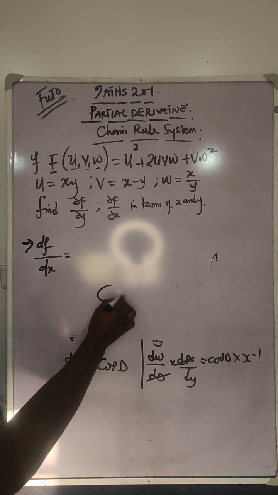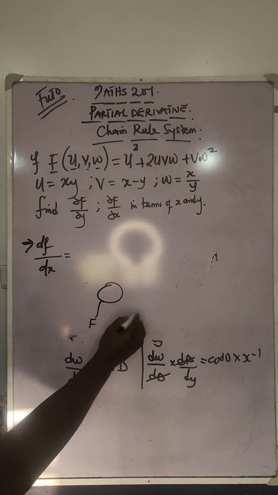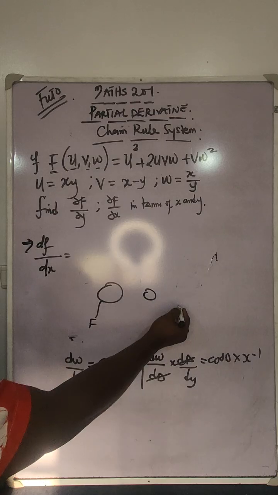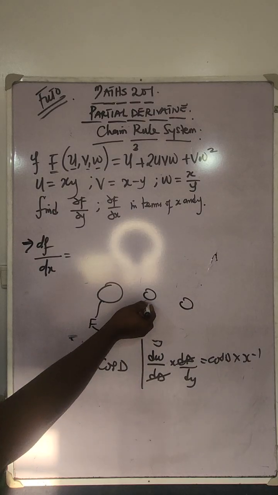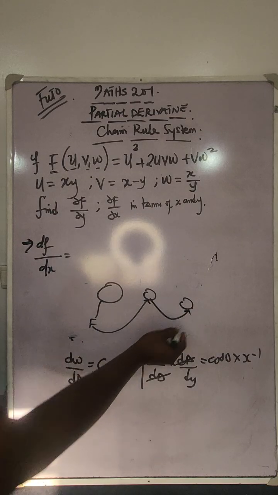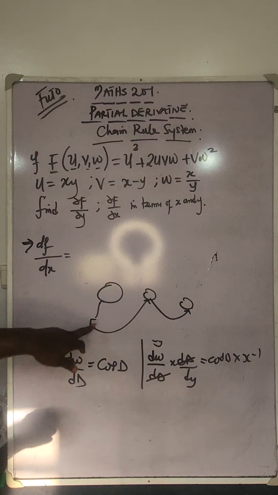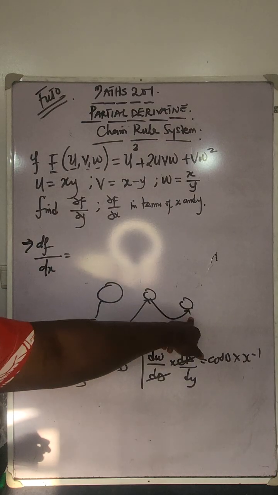So chain rule is like simply saying there's a father here, and there are children here, and there are grandchildren. So father calls the child calls the grandchild.